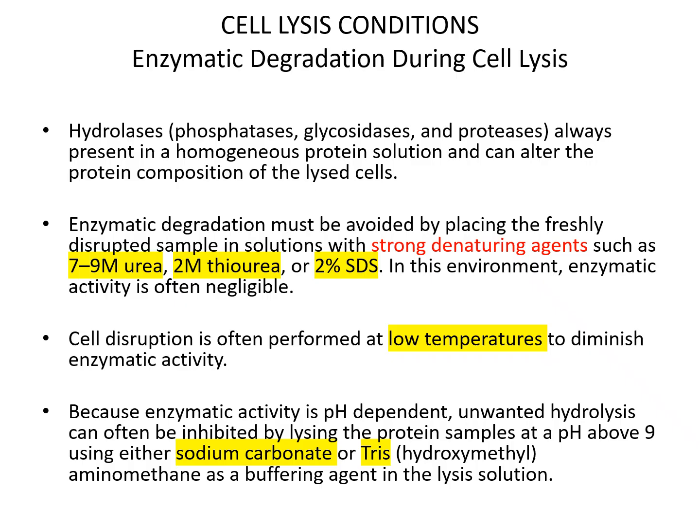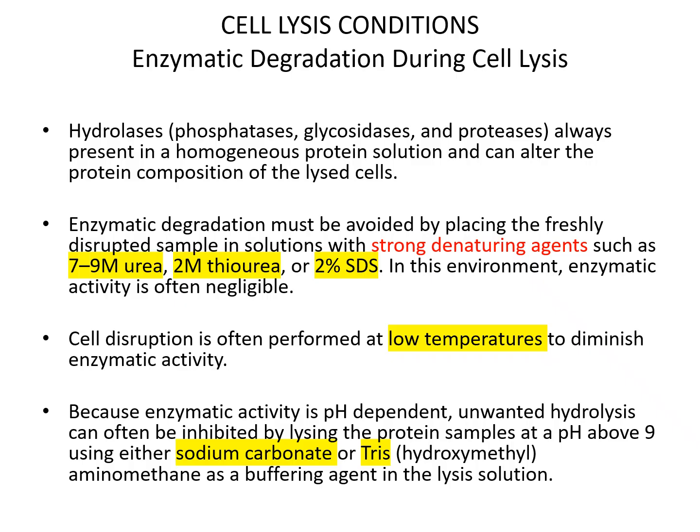And during the cell lysis, the compartmentalization of a cell will be partly or fully destroyed, depending on the lysis method applied. As a consequence, the hydrolases, such as the phosphatases, glycosidases, and the proteases, will be present in a homogeneous protein solution and possibly alter the protein composition of the lysed cell. Therefore, enzymatic degradation must be avoided by placing the freshly disrupted sample in a solution with strong denaturing agents such as 7 to 9 molar urea, 2 molar thiourea, or 2% SDS.